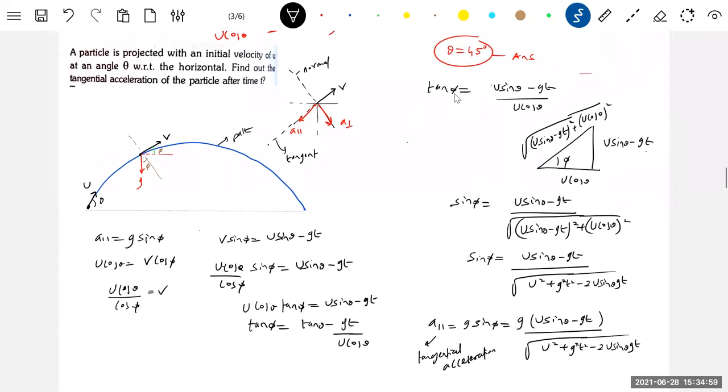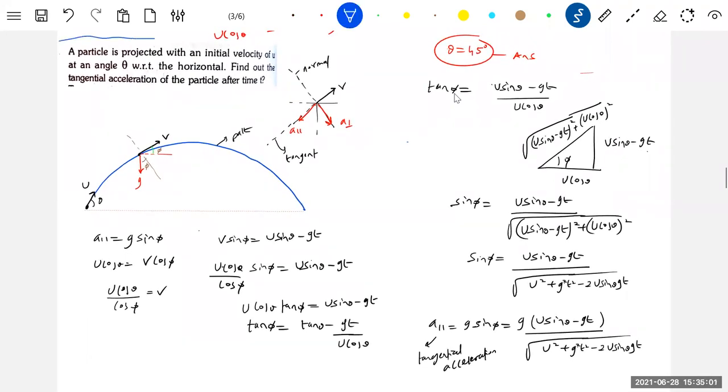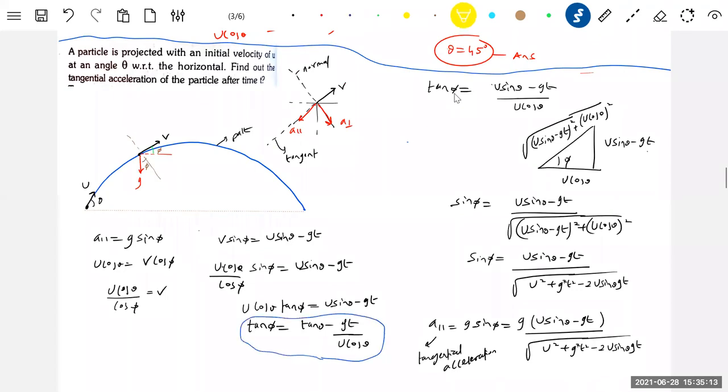Complete problem description is there. There's one formula, please do remember. At many places it will help us a lot.